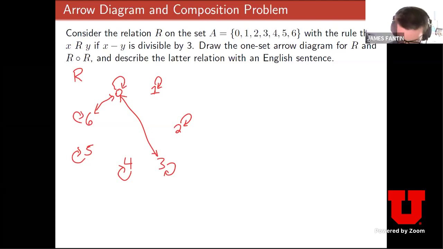So 1 and 4: 1 minus 4 will be negative 3, and 4 minus 1 will be 3, so those will be divisible by 3. 2 and 5 work, and then 3 and 6 also work. And so this would be our arrow diagram for just the relation R.